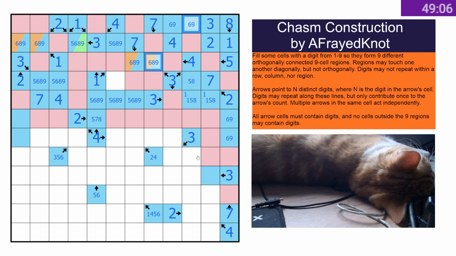Are we struggling to put a 3 along here, maybe? I don't think so. I think that's fine. This cell, I was just wondering about marking it because it's like to do with all this malarkey. 7s can still hide basically wherever they want. Bah.